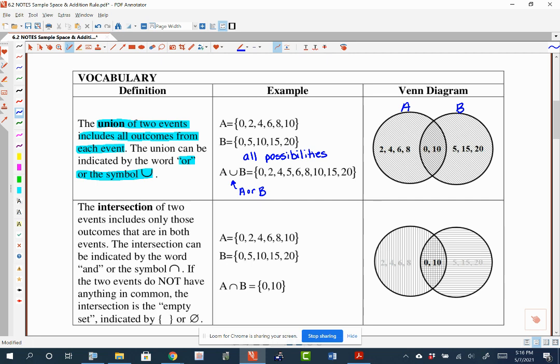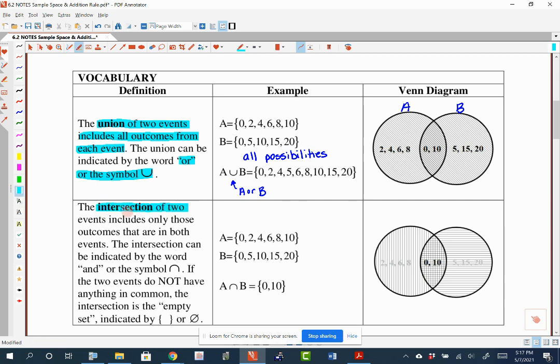So in a Venn diagram, anything that overlaps that they both have in common would go in that overlapping area of those 2 circles. So in this case, this Venn diagram represents a situation of all of these numbers, their union.